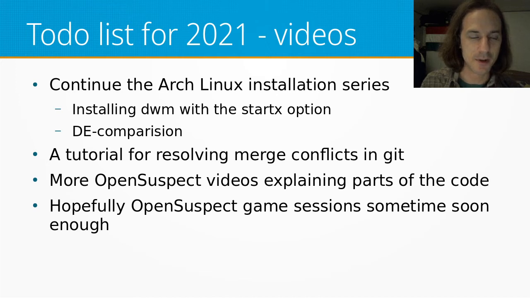And DWM is especially a good choice for that, I think, because you have to compile it yourself from the source code, so that will give us a little more challenge, I think. And in this video series I am not backing away from challenges.